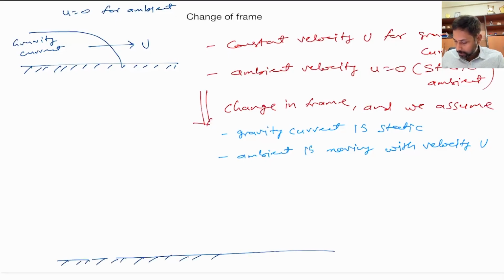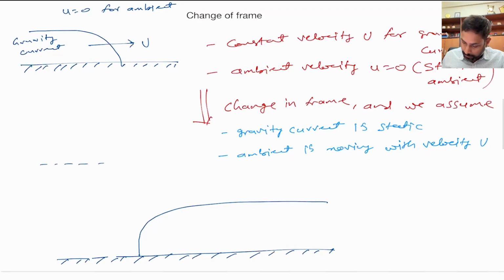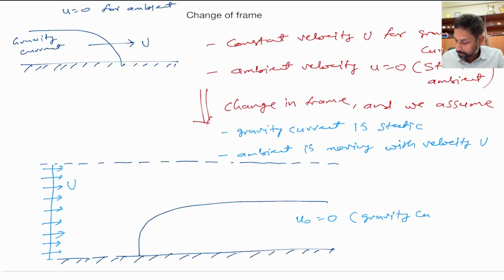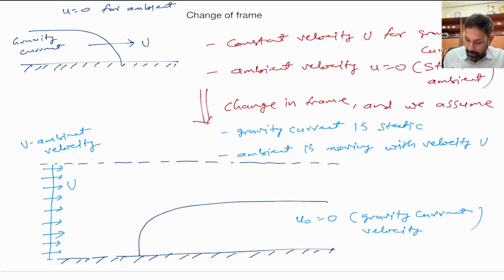So this is the bottom and this is the gravity current, and let's assume we also have an upper boundary, and here we assume that is the velocity u, that is the ambient velocity, and let's call the gravity current velocity u naught, and u naught is 0, which is now the gravity current velocity, where u here is the ambient velocity.